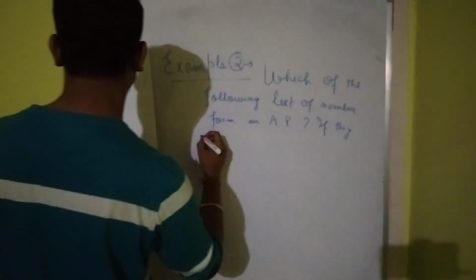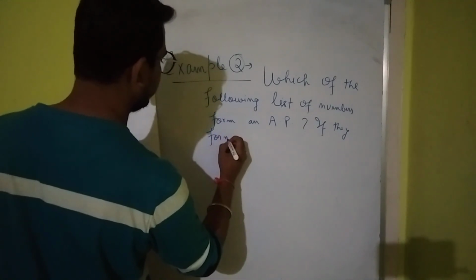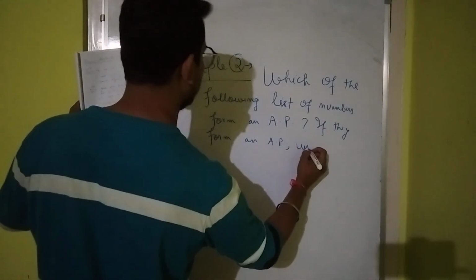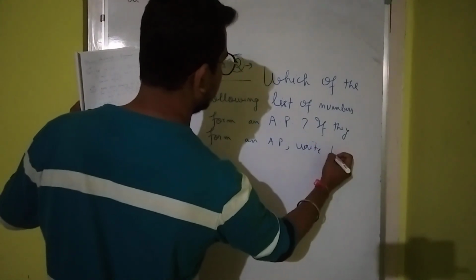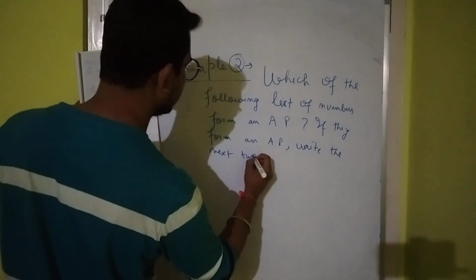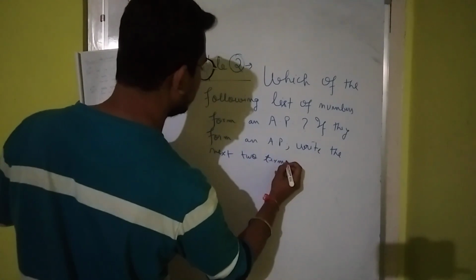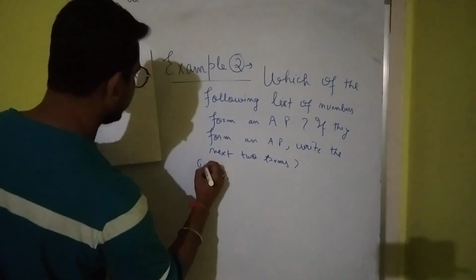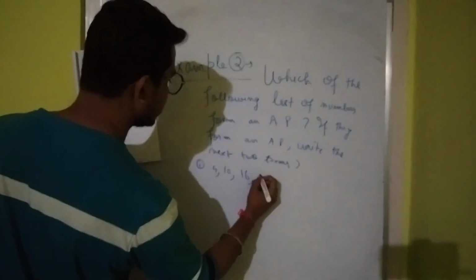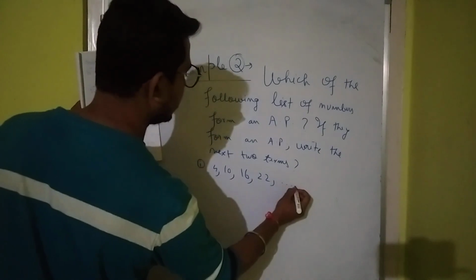If they form an AP, write the next two terms. So पहला है 4, 10, 16, 22 and so on.